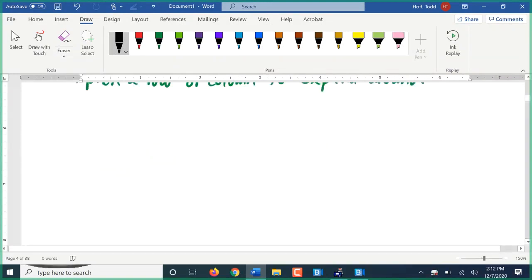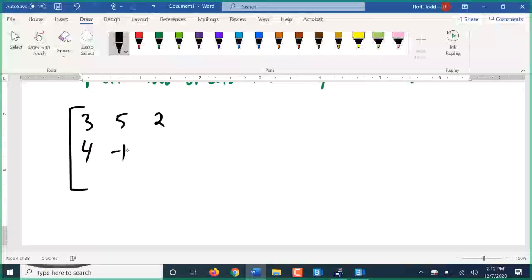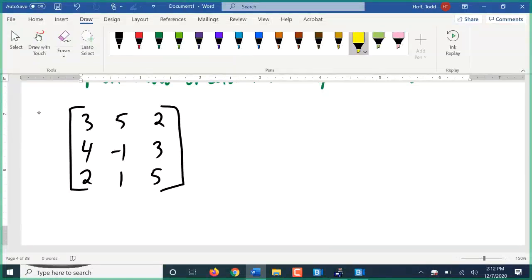So I'm going to take a matrix here. 3, 5, 2, 4, negative 1, 3, 2, 1, 5. So there is my matrix. I can pick any row or any column to expand this about to find its determinant. I'm going to pick row 1. So I'm going to expand around row 1.